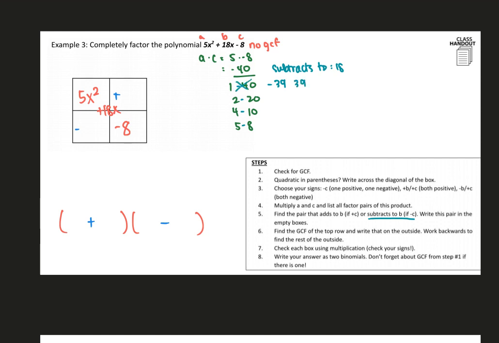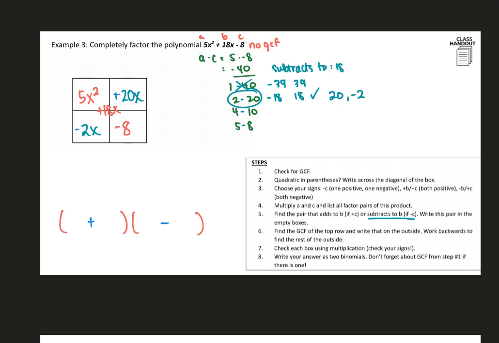So that's not going to be it. 2 minus 20 is negative 18. Okay, this seems promising. 20 minus 2 is 18, so that's it. So it's going to be 20 and a negative 2. So my positive number is going to be 20x, and my negative number is going to be negative 2x.